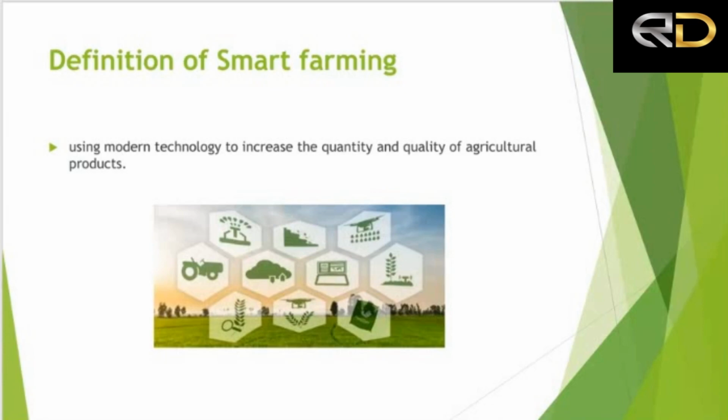You can measure how much temperature, pressure and humidity you have maintained inside the greenhouse, and that is controlled automatically. So these are the functions and practices we are now adopting to increase the quantity and the quality of agricultural products.